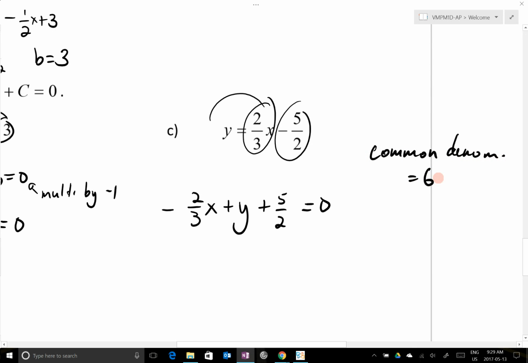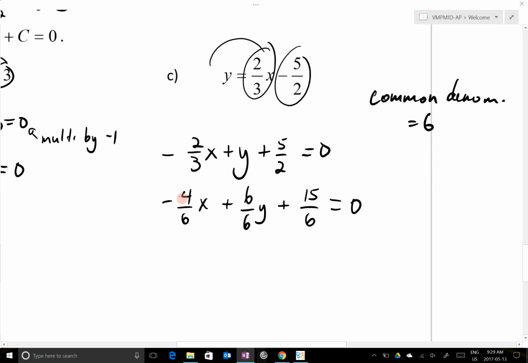Okay, so if I turn everything into a common denominator of 6, this is going to look like minus 4 over 6x plus 6 over 6y plus 15 over 6. So multiply this fraction by 3 in the top and the bottom, equals 0. And 0 is still 0. All right, so then what I do is, again, I have to multiply everything by negative, so I change the signs.